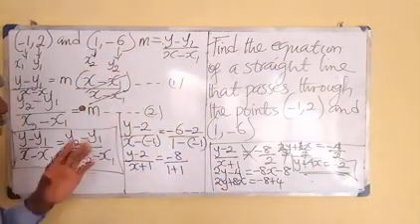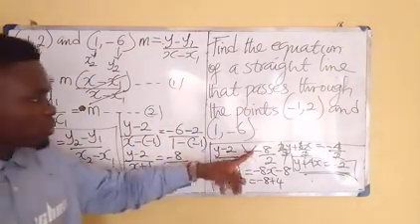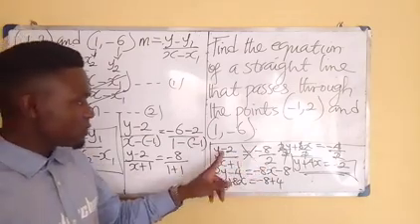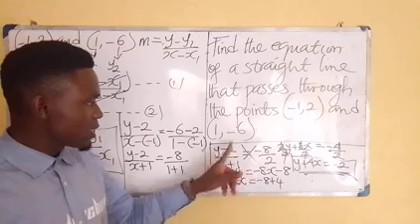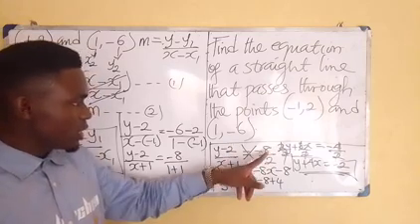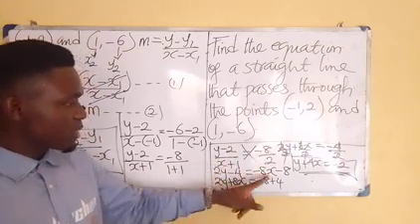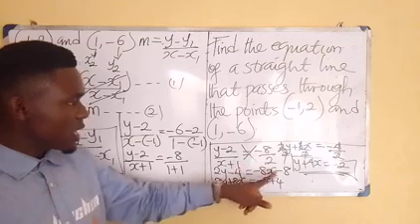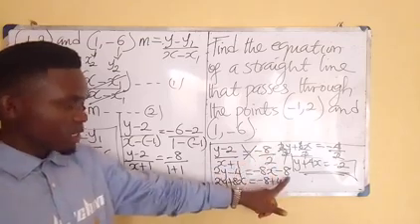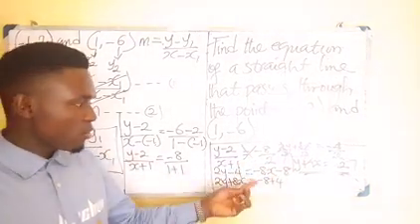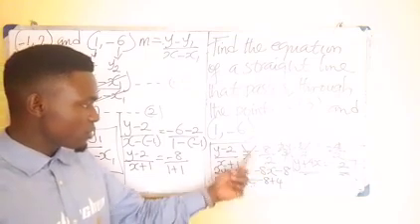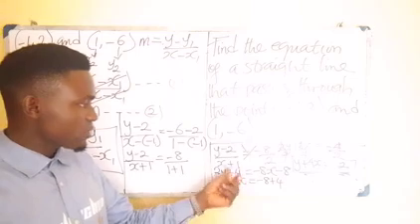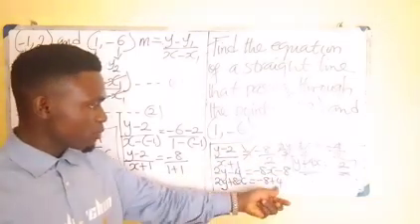I'll take it again. Hope what I just did is very clear. You cross multiply from here. This times this, I have 2y. This times this, I have 4, equal to minus 8 times x is minus 8x. Minus times plus, minus 8 times 1, I have minus 8. If that is established, I'll collect terms. If this crosses, it becomes plus 8, and if this crosses, it becomes plus 4.